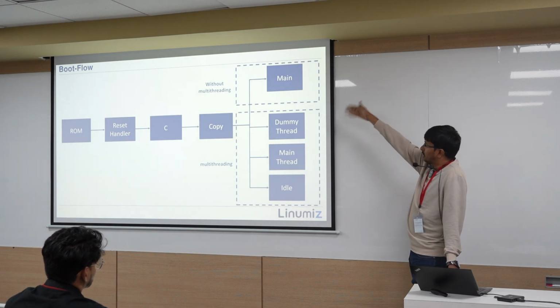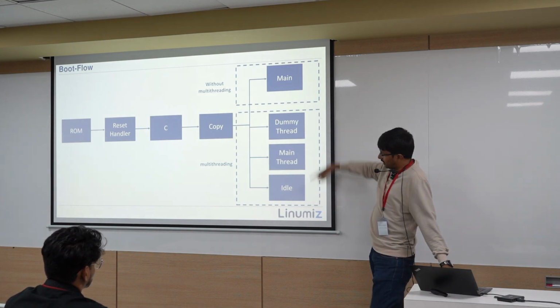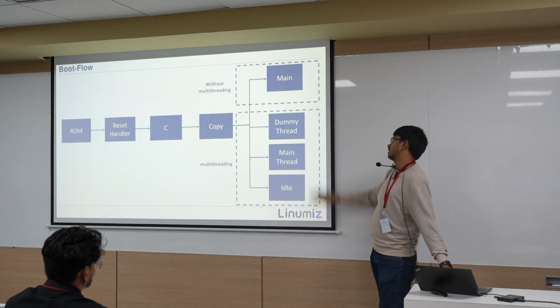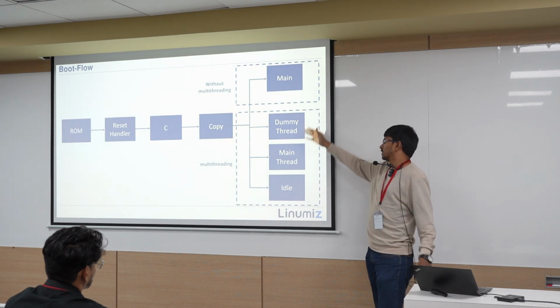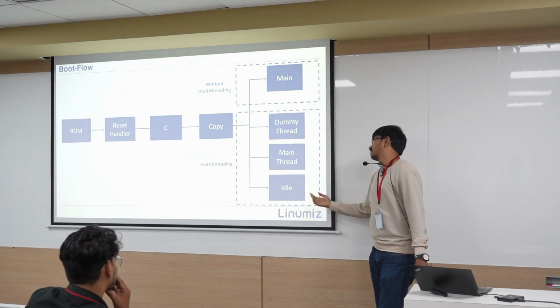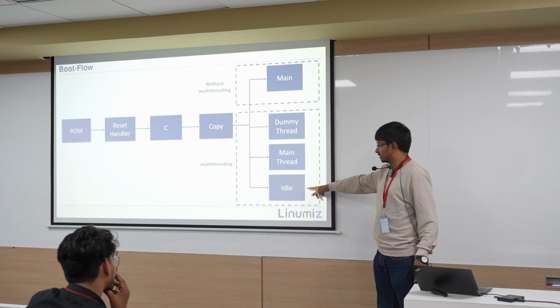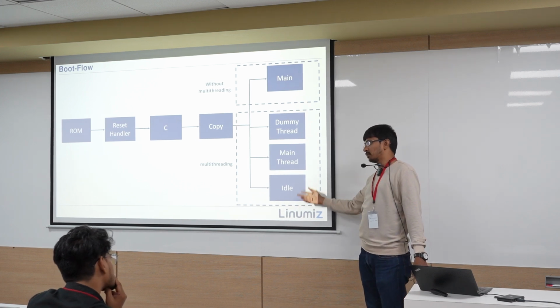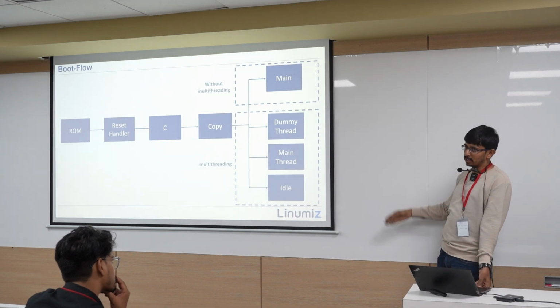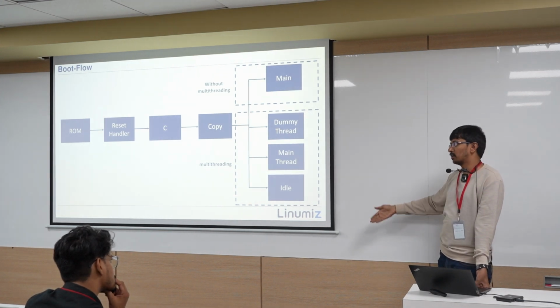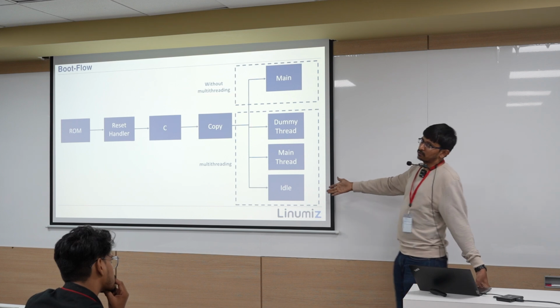And with multithreading in Zephyr, you have 3 different threads which are forked, or branched. So what exactly are they doing? First, there is an idle thread which does nothing but put the CPU into an idle sleep state, using whatever sleep power management support is given by the SOC.